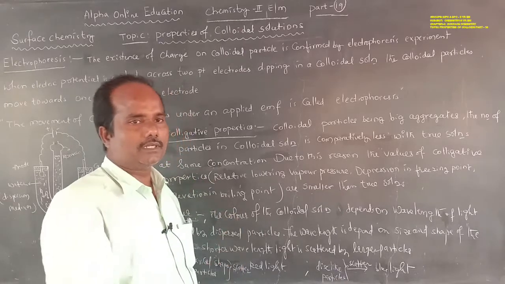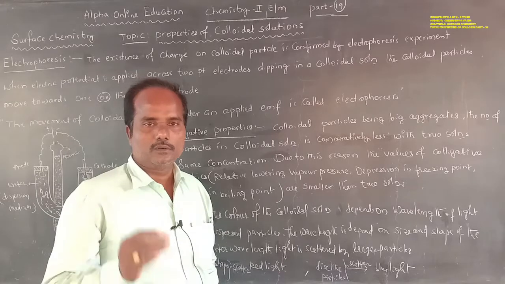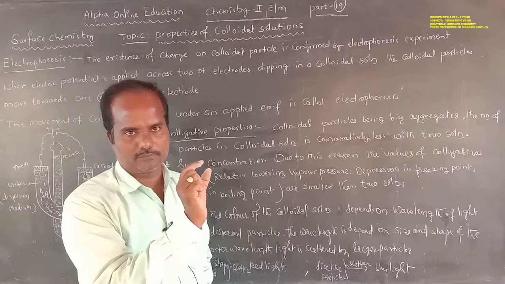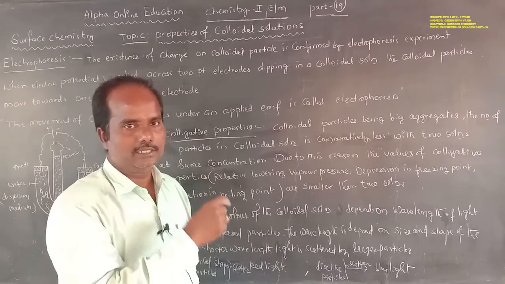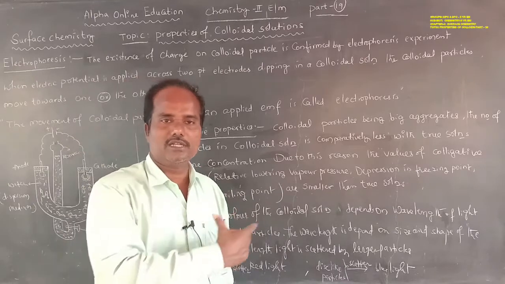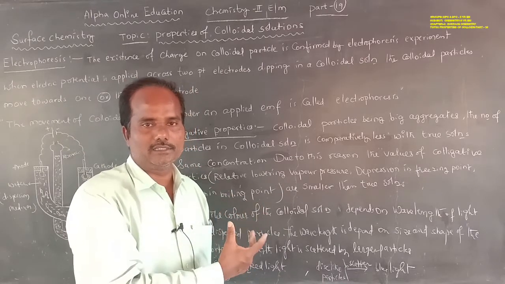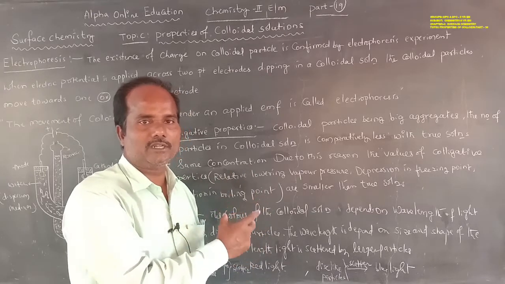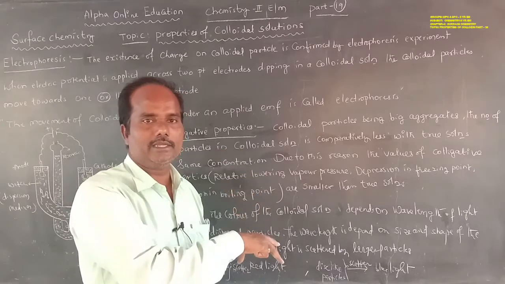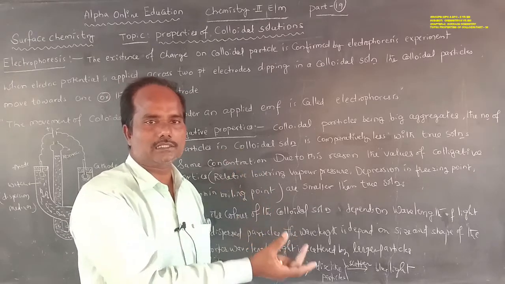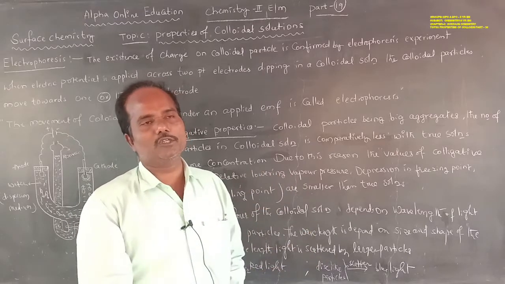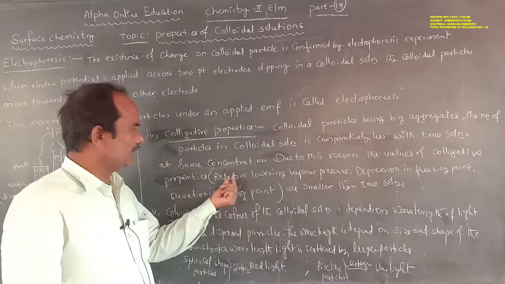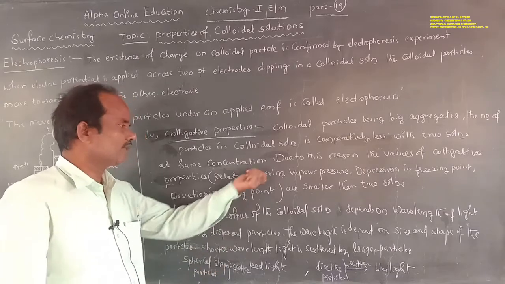The reason is that in colloidal solution, colloidal particles aggregate and form cluster-like structures. Because of the aggregation of colloidal particles, the number of particles present in the colloidal solution is less. That's why their colligative property values are also less. So what are the colligative properties? Depression in freezing point, elevation in boiling point, and relative lowering of vapor pressure.